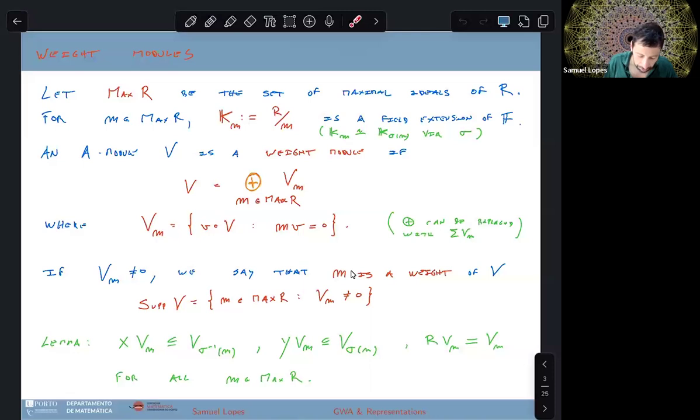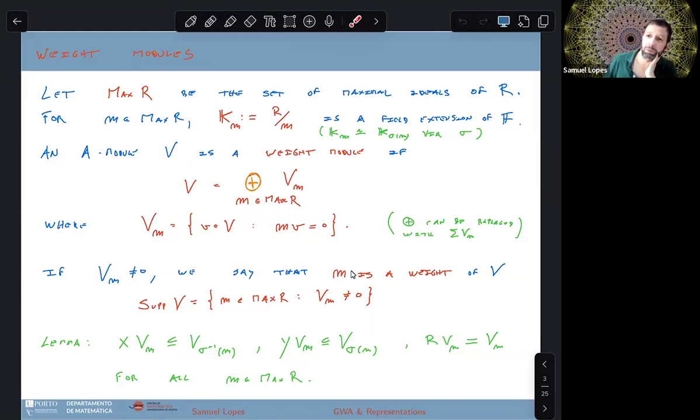So if a certain V_M is not zero, I will say that the maximal ideal M is a weight of V. And I'll say that the support of the module is the set of maximal ideals which are weights. So that's the support of the weight module: the maximal ideals which actually intervene in the module. So this is the definition.